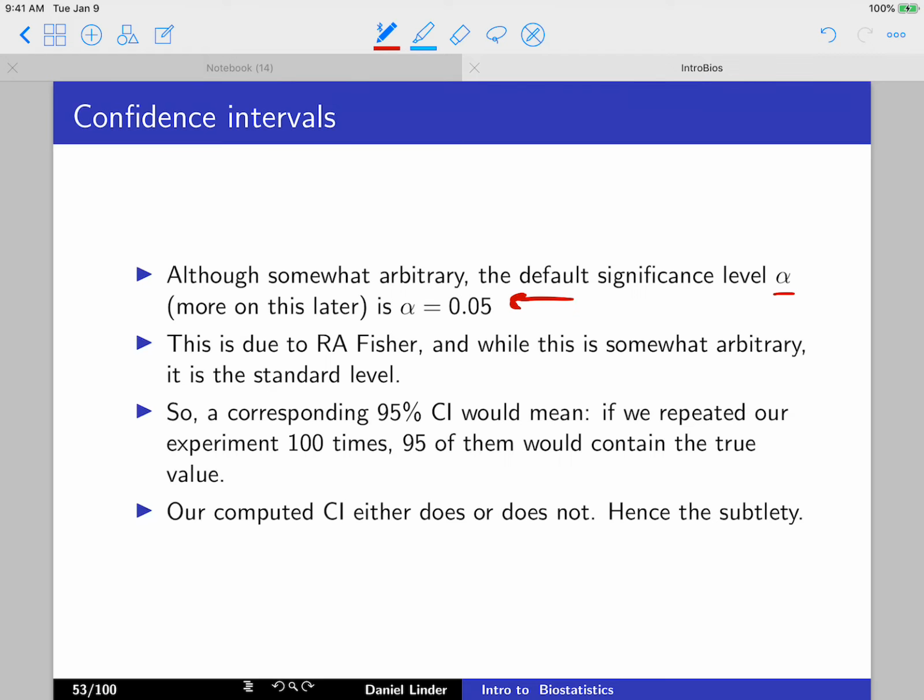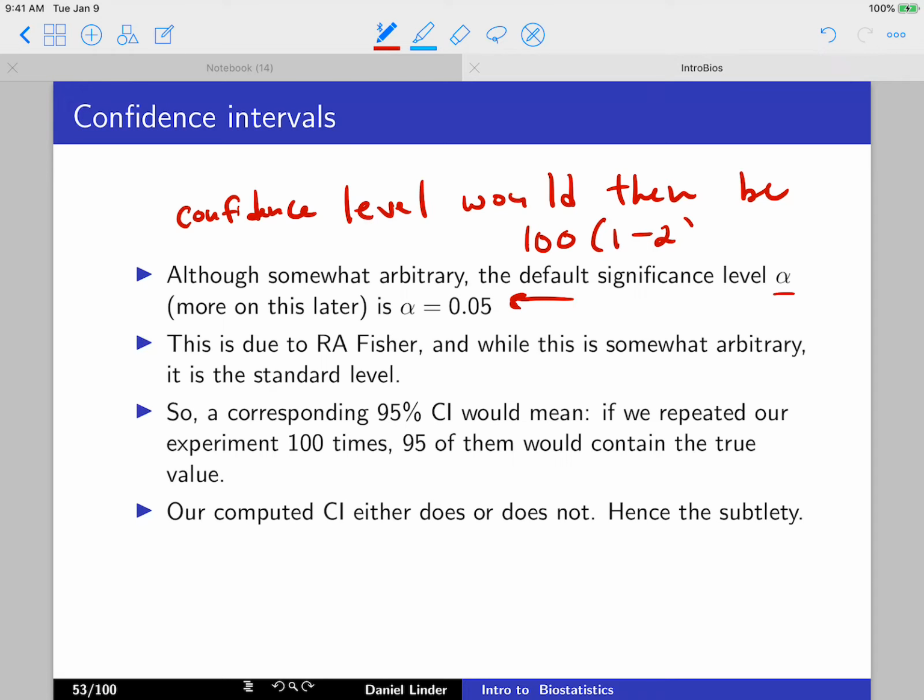So if our level of significance is alpha, then I'll write up here, confidence level would then be 100 times 1 minus alpha percent. So if we were dealing with an alpha of 0.05, that would translate to a 95% level of confidence.